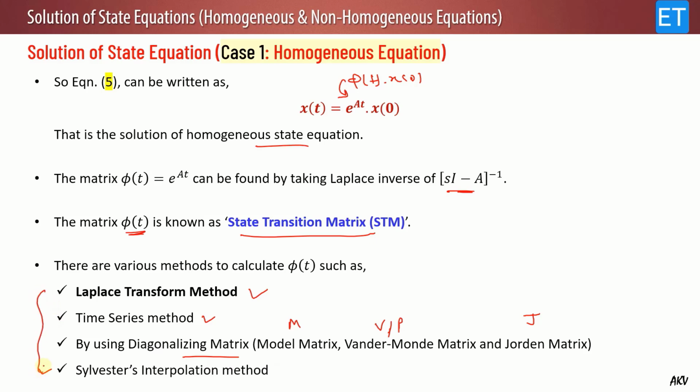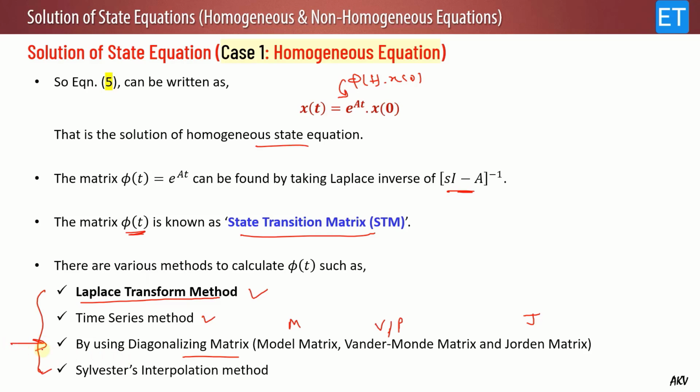Another one is Sylvester's interpolation method. These are some common methods used to find this phi(t) for a state space system. But in this video, I'm not going to explain all these methods because it will take too much time. I will try to explain them in some other video tutorial. Here I'm concentrating only on the Laplace transform method, which is the easiest one.